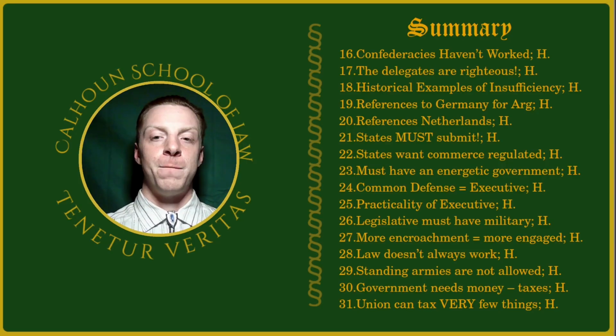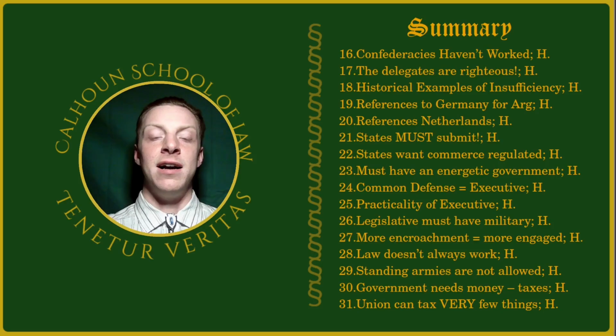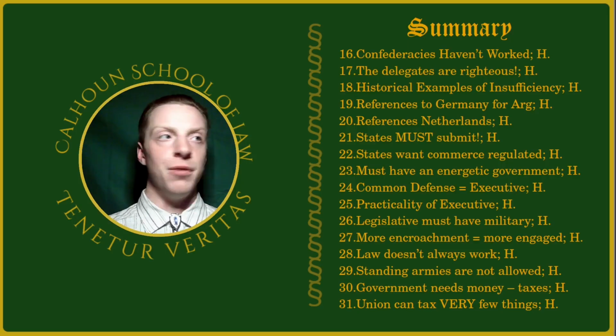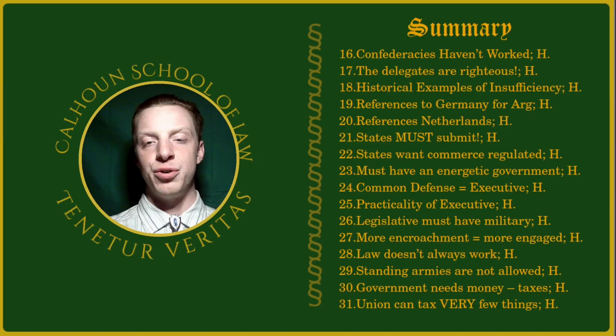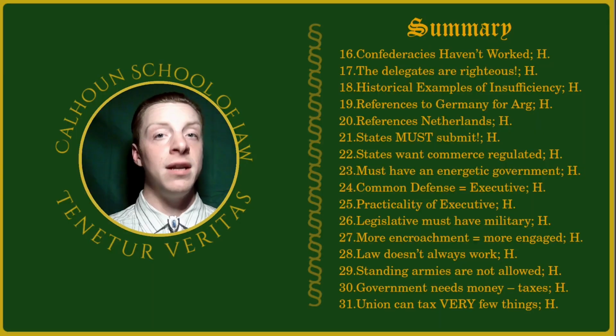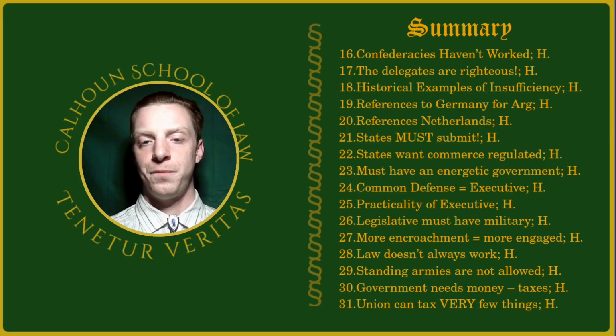So in order to mitigate that unequal burden, Hamilton argued in favor of the U.S. Congress having militaristic ability, having militaristic power, so that way, tax collection, resource allocation, things of that nature are more evenly dispersed rather than the coastal states having to burden all of the cost, all of the training, all of the time, all of the land, all of the ports, so on and so forth.